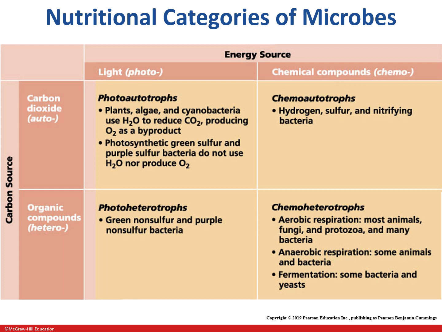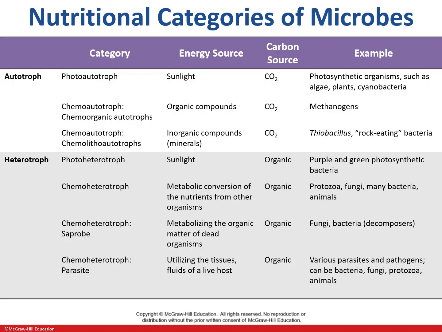We use organic compounds like sugars, fats, proteins, and we use chemical compounds such as ATP to drive our chemical reactions. So it's just a way of categorizing living things based on their nutritional needs. Now, your textbook also has this same information, just laid out a little bit differently.